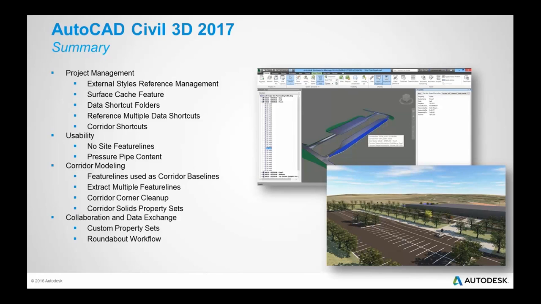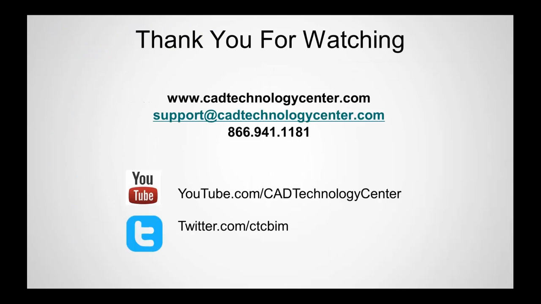The new collaboration improvement is you can make a roundabout in InfraWorks. It's a really pretty cool tool in there. You can then link that InfraWorks model into Civil 3D, and it'll create an Autodesk Vehicle Tracking roundabout in Civil 3D. So very little data loss going from a conceptual design in InfraWorks to a more detailed design in Civil 3D. So with that, I will end it here.